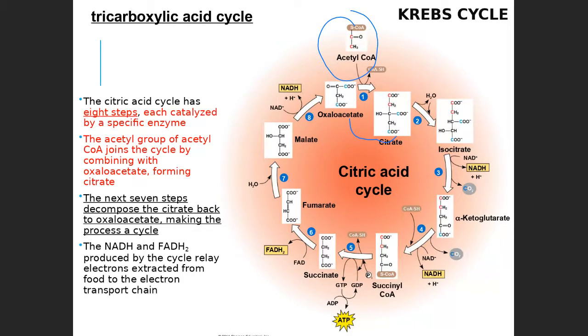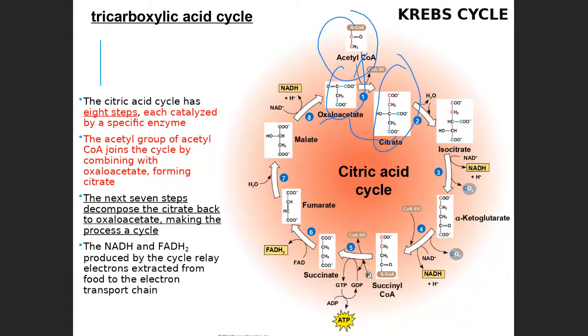This is a 6-carbon molecule, but it's very unstable. I don't want you to retain all this. All of it is just going to have the citrate decompose back to oxaloacetate, so it can combine with another acetyl coenzyme A.